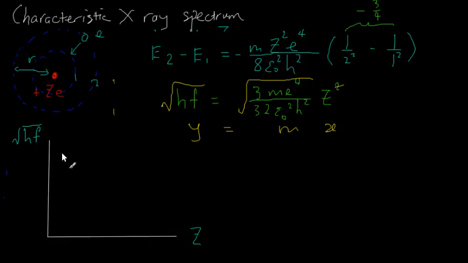So that's why I would expect to get a straight line. Let me just draw what you would expect: a straight line from the origin to there.